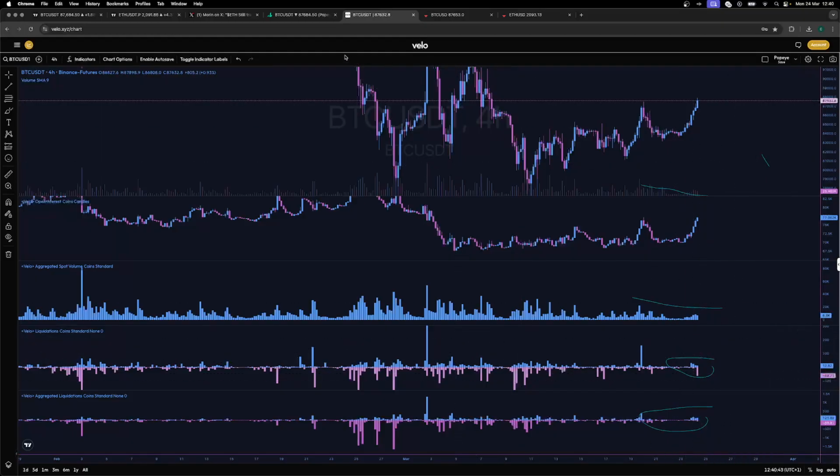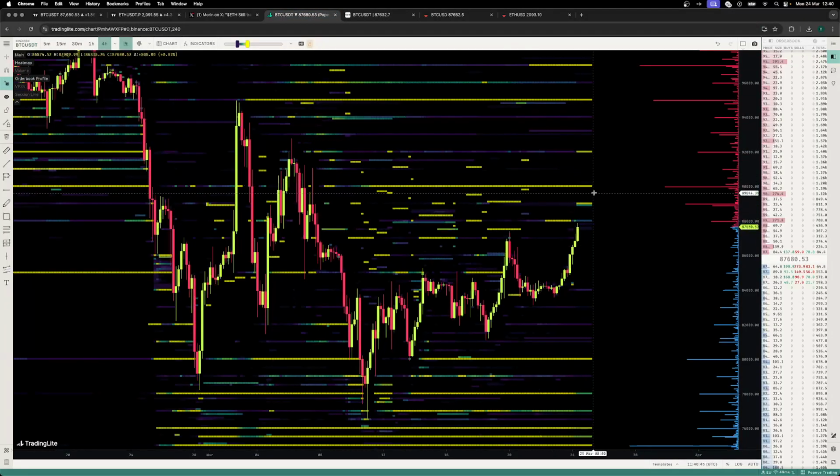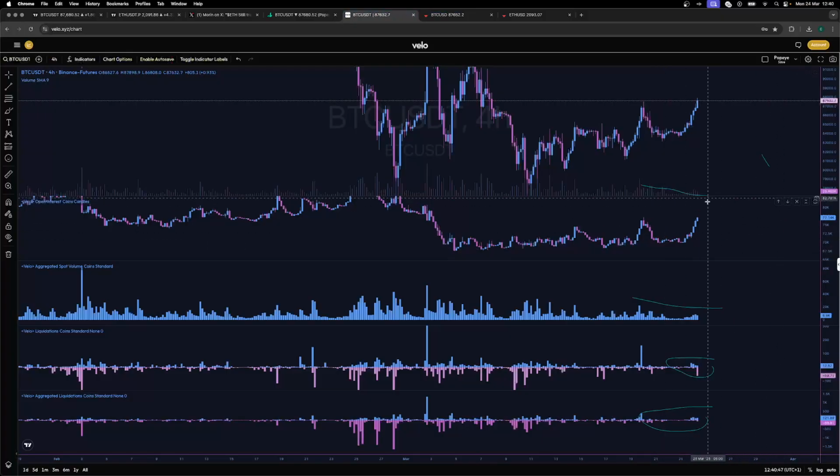If we see a liquidation here at this level, 90k, and then a rejection with drying volume and with some divergence on RSI, it would be a good sign of possible reversal. While if volume picks up at that level, the short squeeze could fuel a further move up.